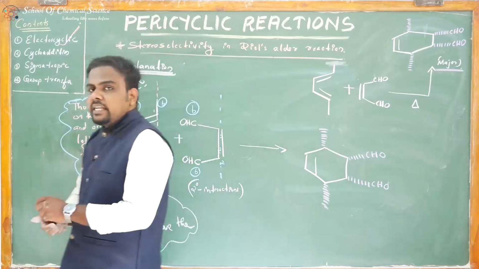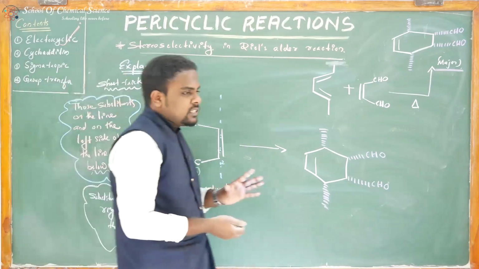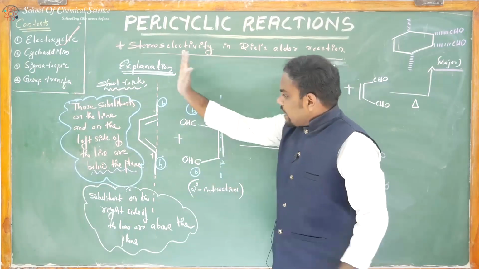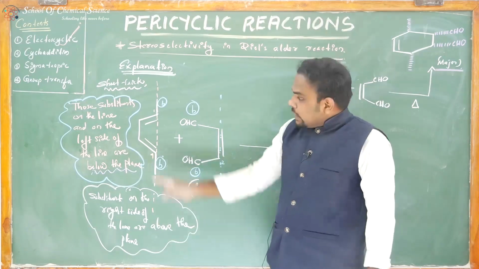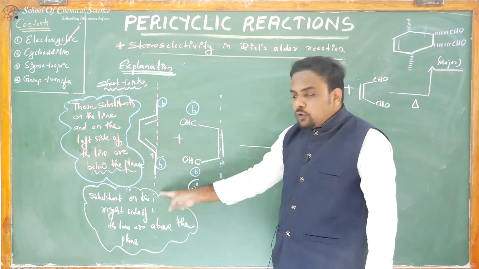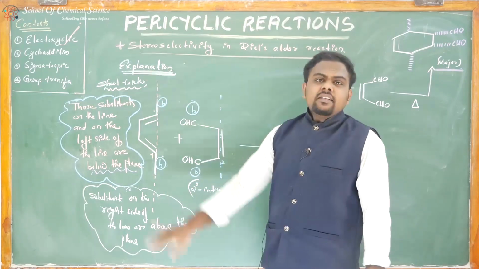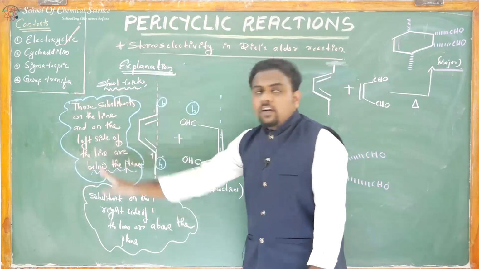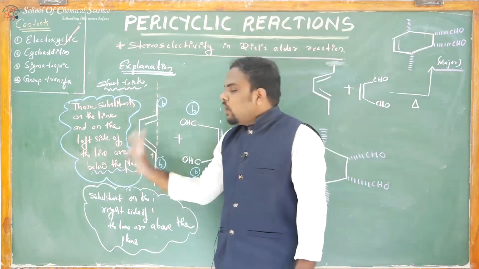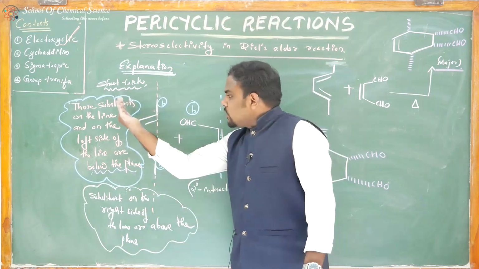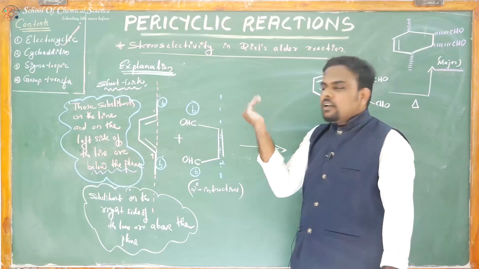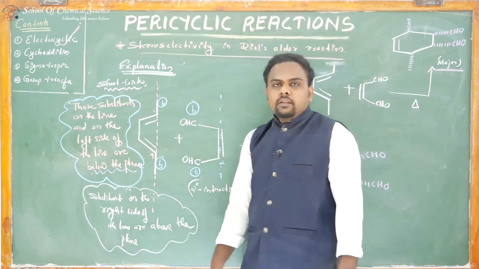So how can we predict the major product? Take the diene and draw a line from carbon 1 to 4. Those substituents present on the line or on the left side of the line are below the plane. Those on the right side of the line are above the plane.